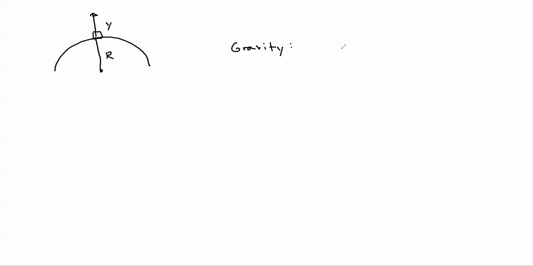So we need to use a more general model for gravity. You can look up the force due to gravity between two objects, and there's a formula for that. It's G M m over d squared. Again, this is the gravitational force between two objects.